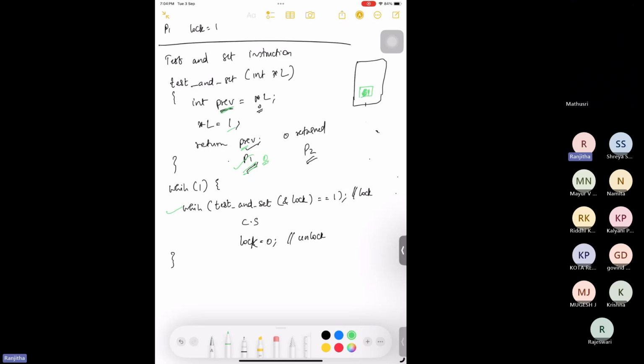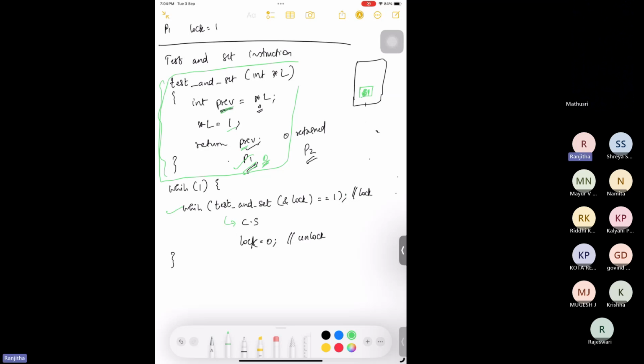So this while test and set ampersand lock, this whole thing will be executed and we will check whether it is equal to 1. If it is equal to 1, it means that someone has already taken the lock. You need to wait. Now what P1 got is 0, which means that it will get into the critical section. Since this whole instruction is atomic, even though P2 also calls the instruction at the same time, P2 will be waiting.